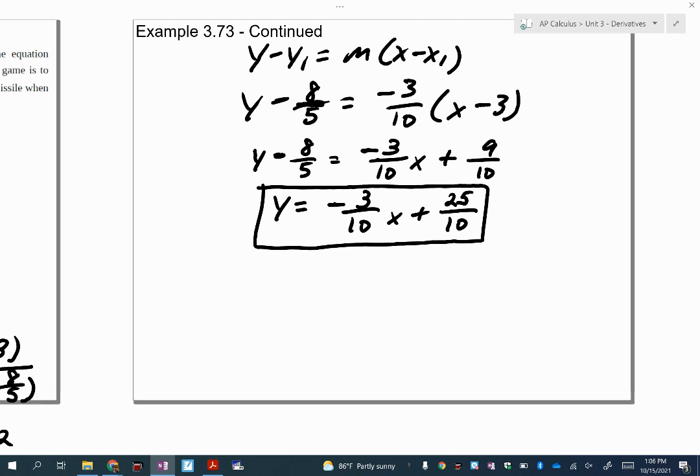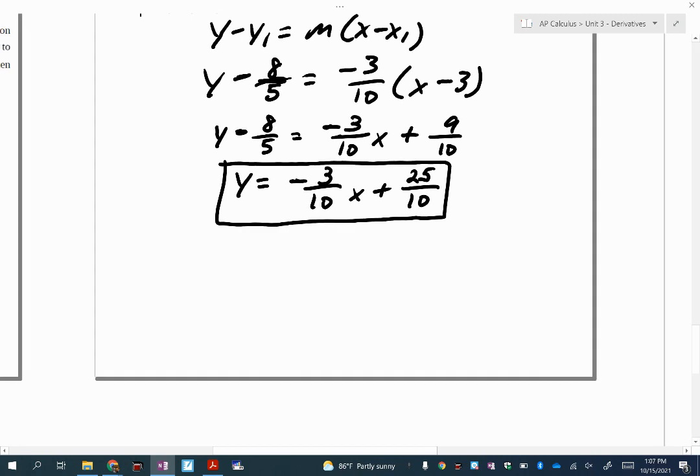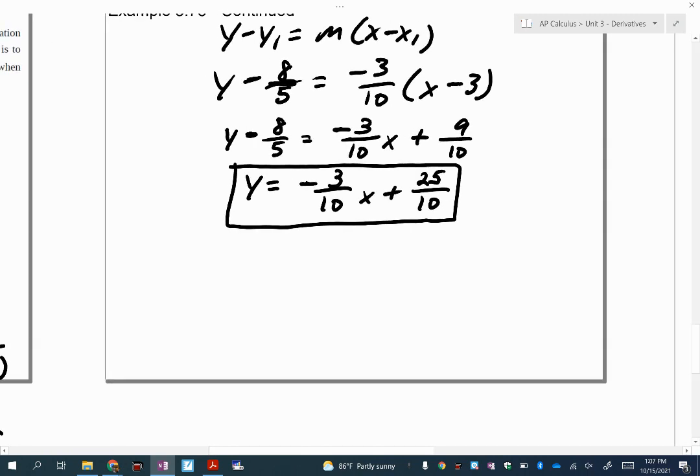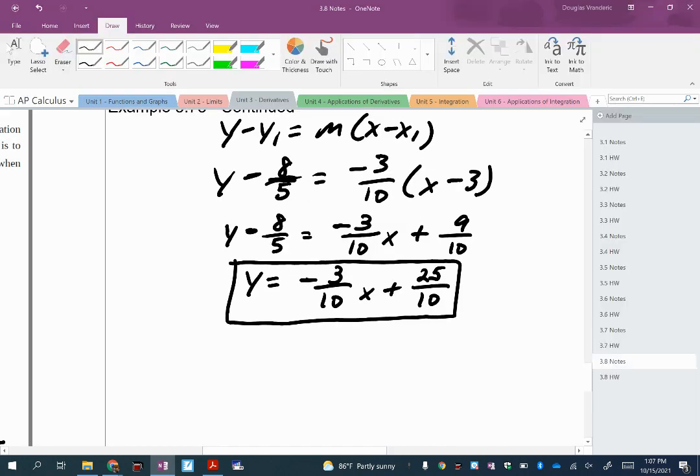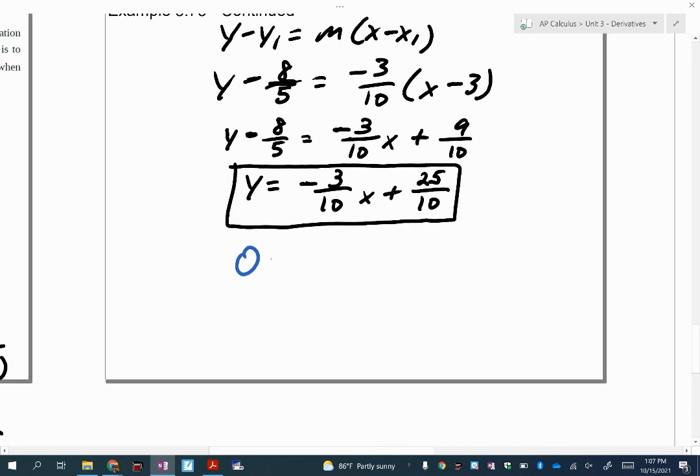(3, 8/5). But again, we need to figure out, where does this line cross the x-axis? So we're trying to find the x-intercept. And hopefully you remember from your days in algebra that x-intercepts are (x, 0). So the y must be 0. So to finish this problem, I'm going to set this equation equal to 0.